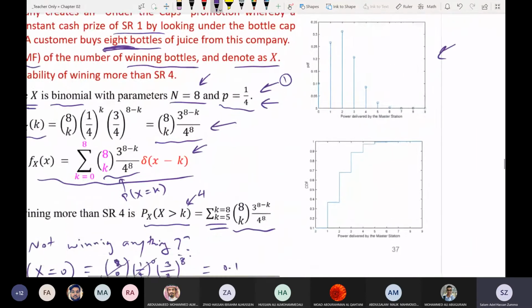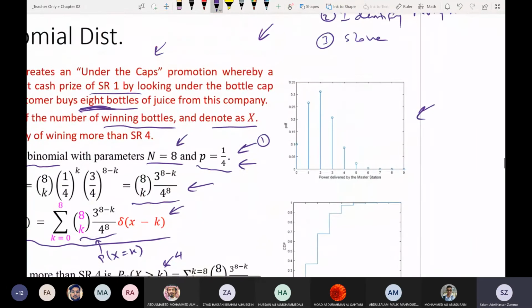Okay, so if you would like to visualize how the probability changes with K, you can see that as K increases, the probability of winning more and more becomes 0. Why is that? Because the probability is small, P is 0.25.